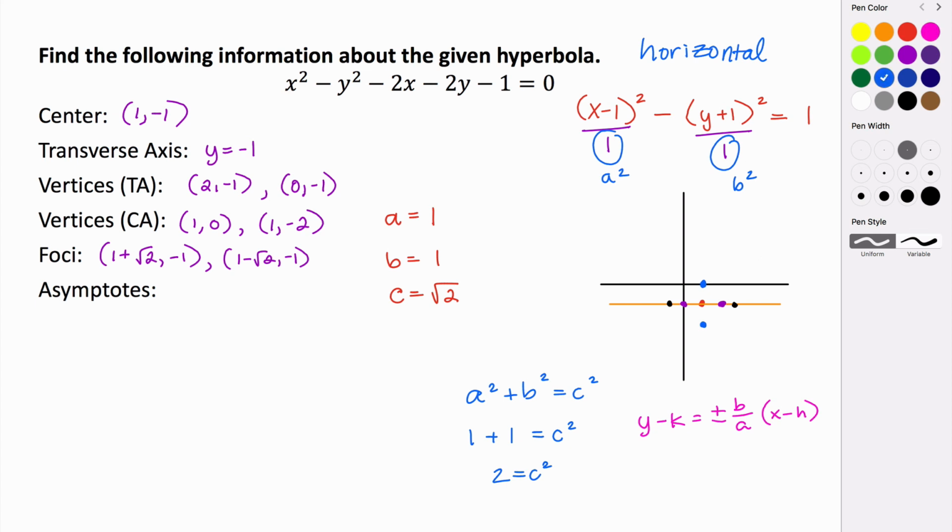So we get y minus a negative 1, so that's y plus 1, equals plus or minus b divided by a, so 1 divided by 1 is just 1, times the quantity x minus the x coordinate, so x minus 1. This equation is going to be the equation of the two asymptotes. We have one that has a positive slope and one that has a negative slope.